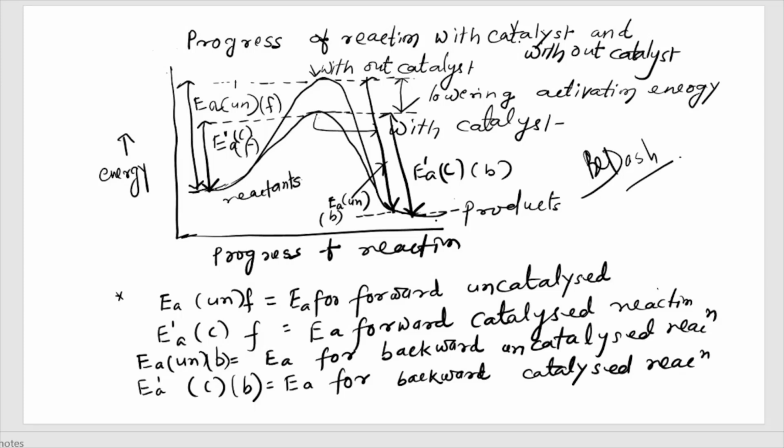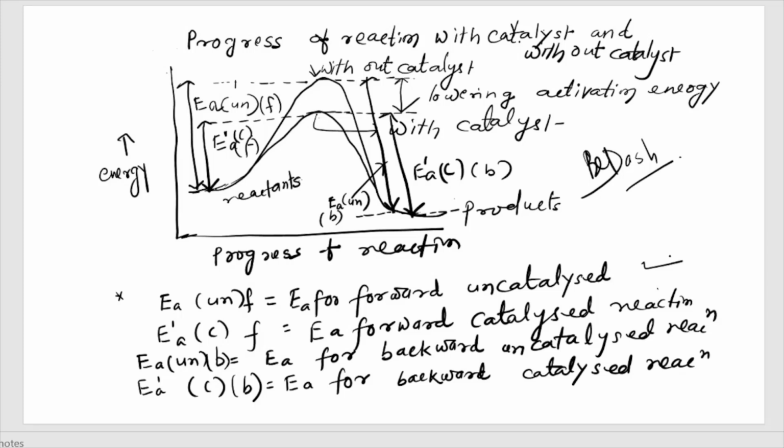So again see, EA UN means uncatalyzed, EA dash C means catalyzed. Similarly you can find uncatalyzed and catalyzed. This is clear.